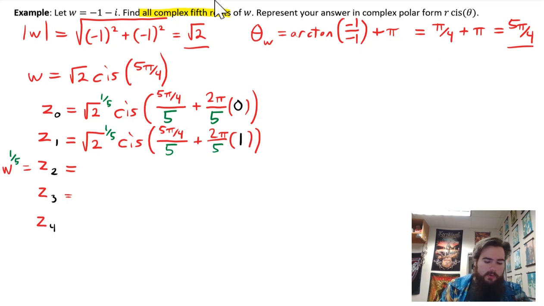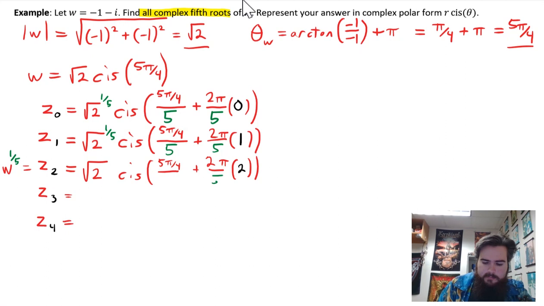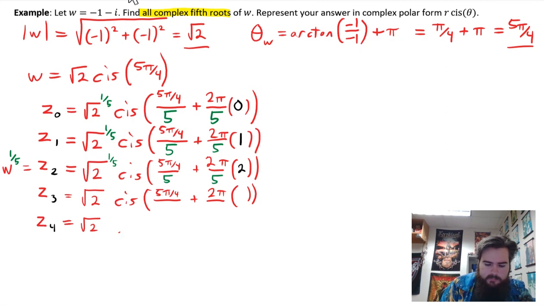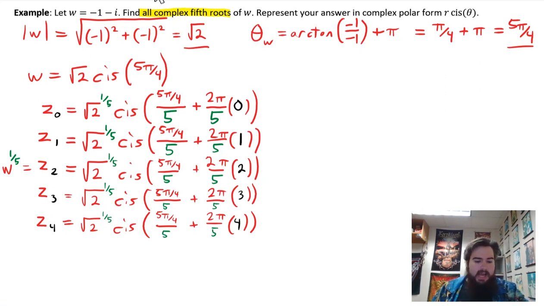The other three solutions are all going to look the same, and I will quickly go through and generate those. I have now gone through and generated our 5 solutions that are all using the same format. The only thing that is changing from one root to the next is the value that I input for k.